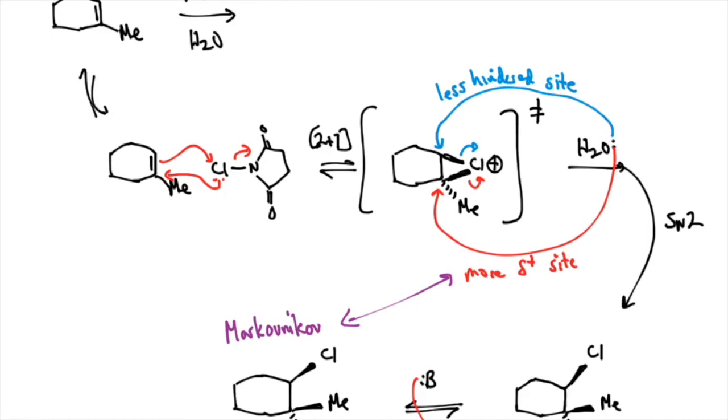And so all halohydrins form with Markovnikov regioselectivity because that water is going to attack the site that is more delta positive. All right, so this is the reason why we use these terms Markovnikov and anti-Markovnikov, because it describes the reactivity, the regioselectivity of these products.